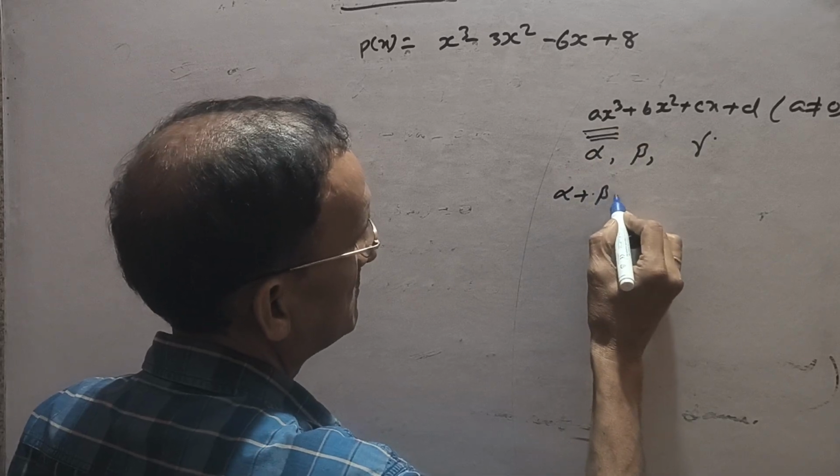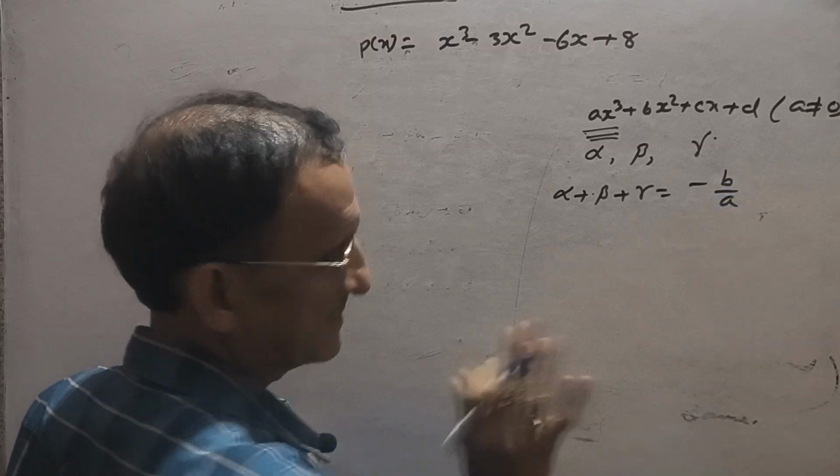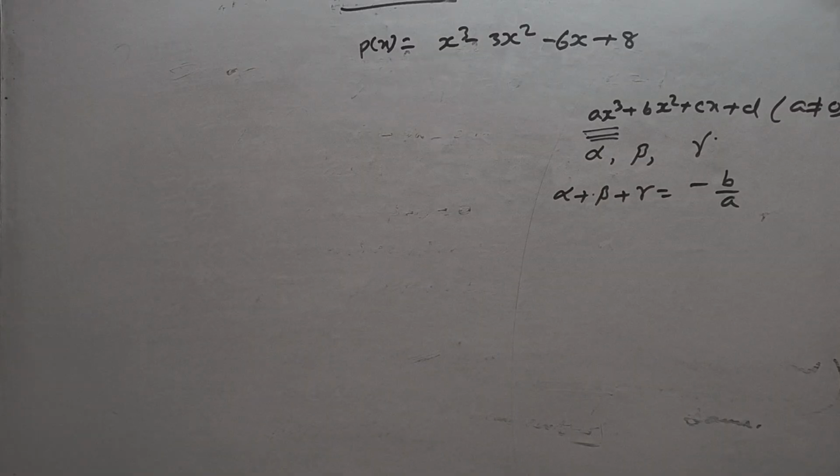The sum of zeros is equal to minus b by a, minus b by a only, okay.